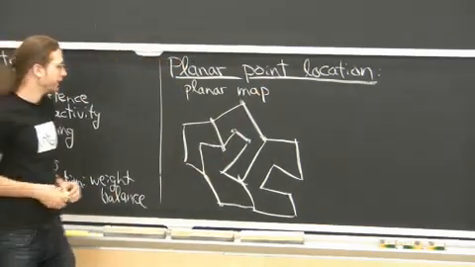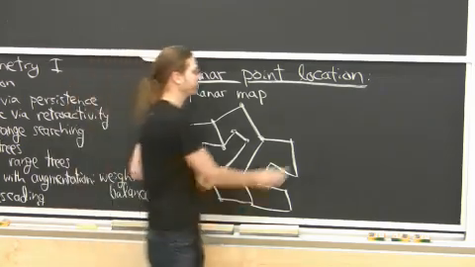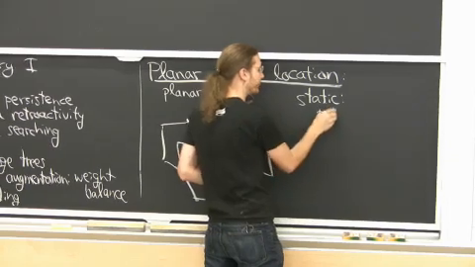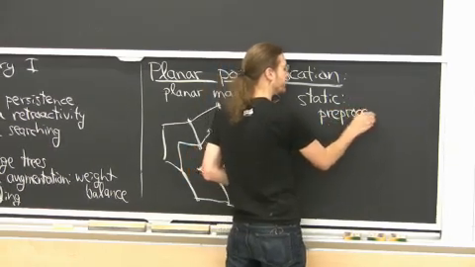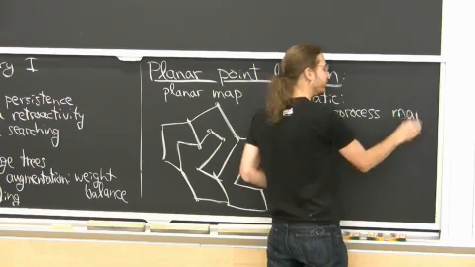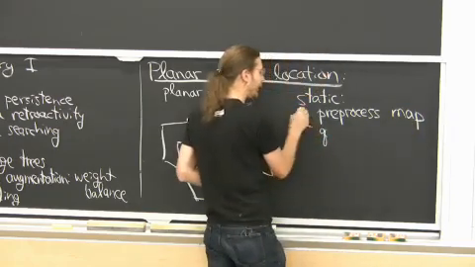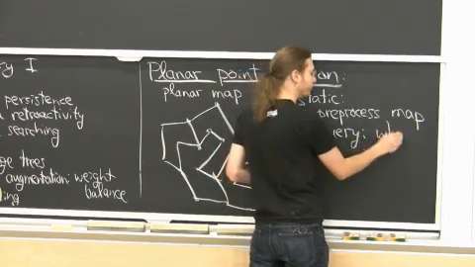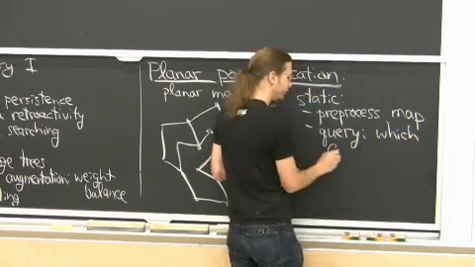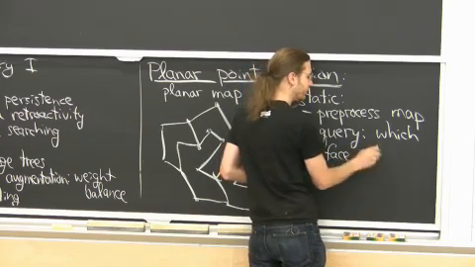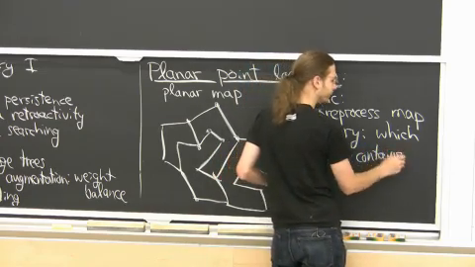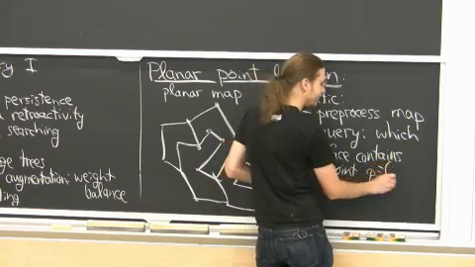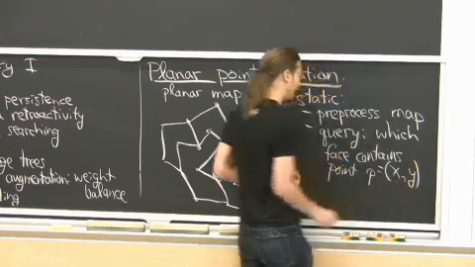And the static version of this problem, so there's two versions. One is static. You want to pre-process the map. So I give you a single map up front, and then I want to support dynamic queries, which are: which face contains a point P. So that point P is going to be given to you as coordinates, x and y.